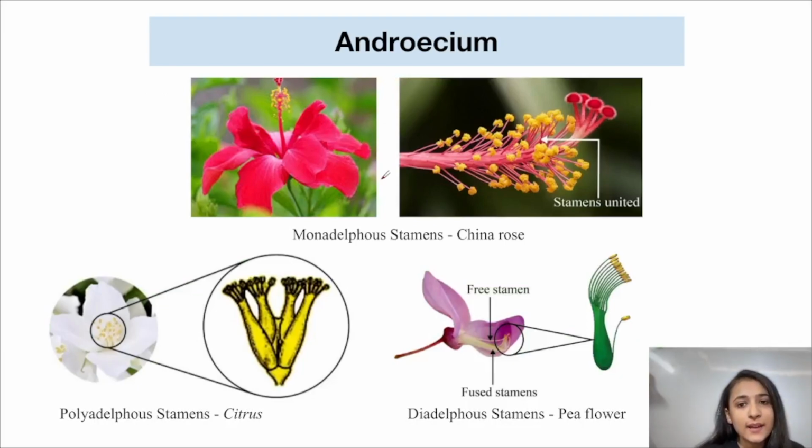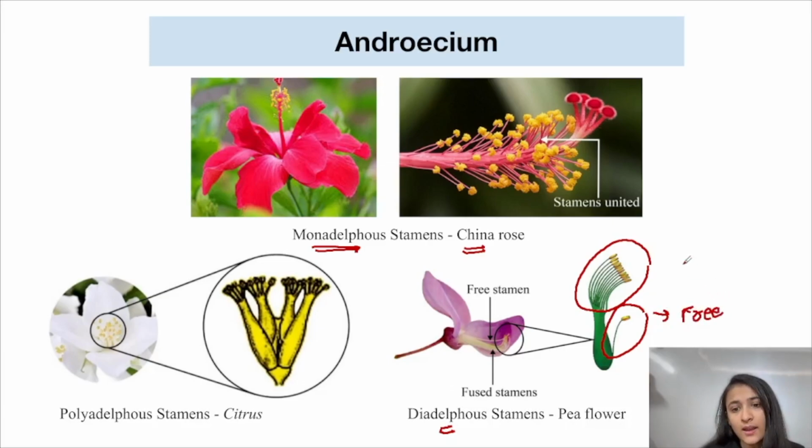Now you can see in the diagram here the stamens are united as one bundle. This is in China rose, the monoadelphous condition. Let us look at the diadelphous condition. Here two bundles are present. See, one stamen is present here and the rest of the stamens are present as this bundle here. So one of the stamens is free and others are fused, but still they are present as two separate bundles, two individual structures.